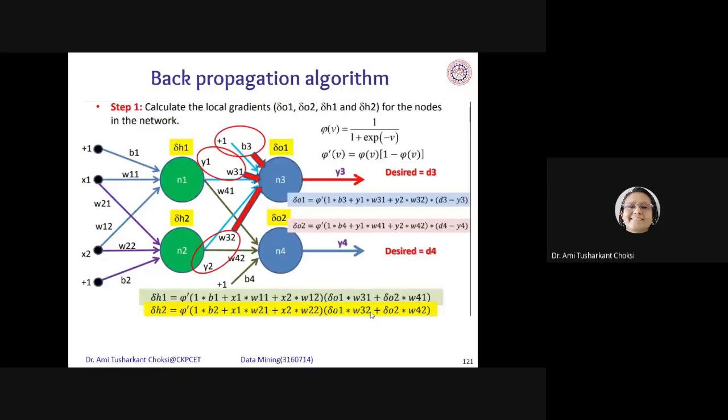That is, we can say delta O1 into W32, delta O1 into W32 plus delta O2 into W42, right?